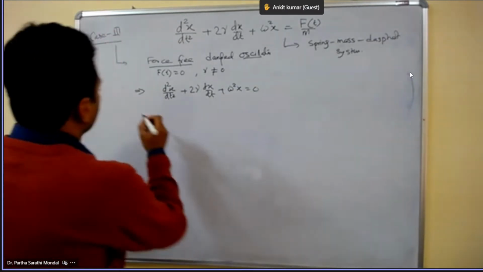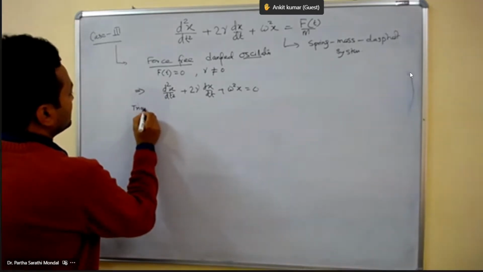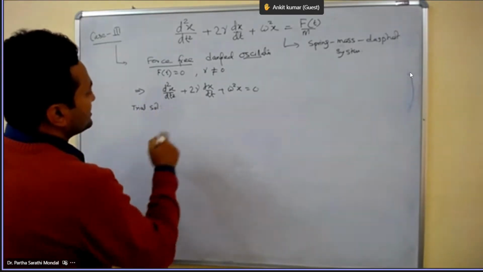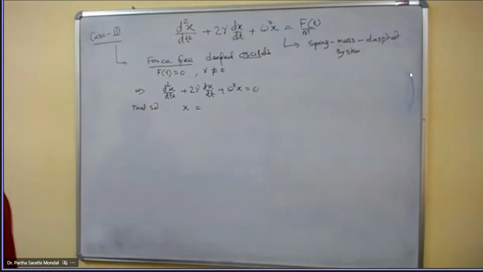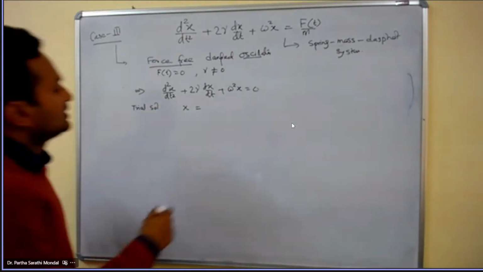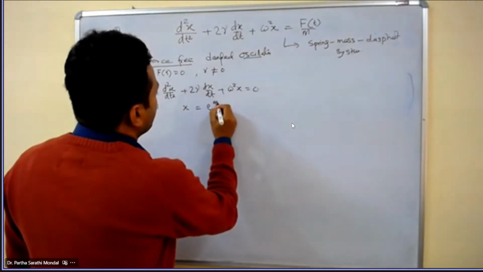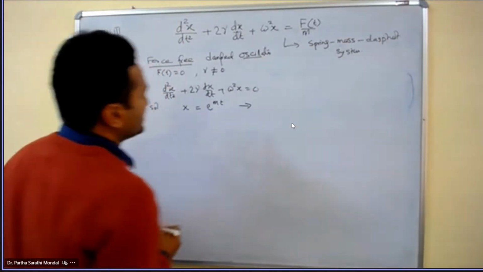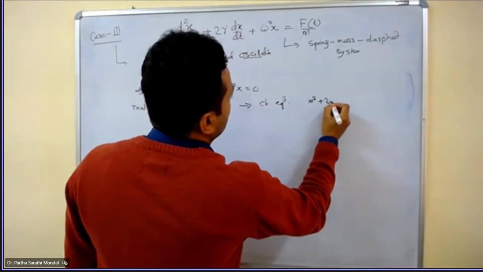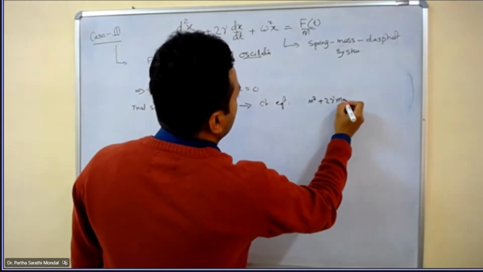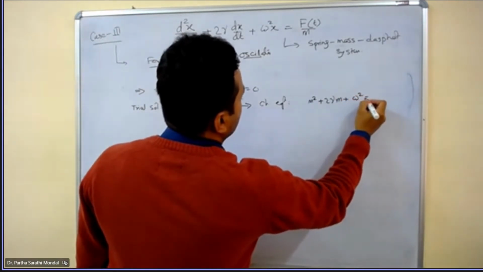I told you, you have to take a trial solution, the same trial solution I took last time. In case of trial solution, we put e to the power mt. Now if you put this trial solution here, you will get a characteristic equation, which is m square plus 2 gamma m plus omega square equals to 0.